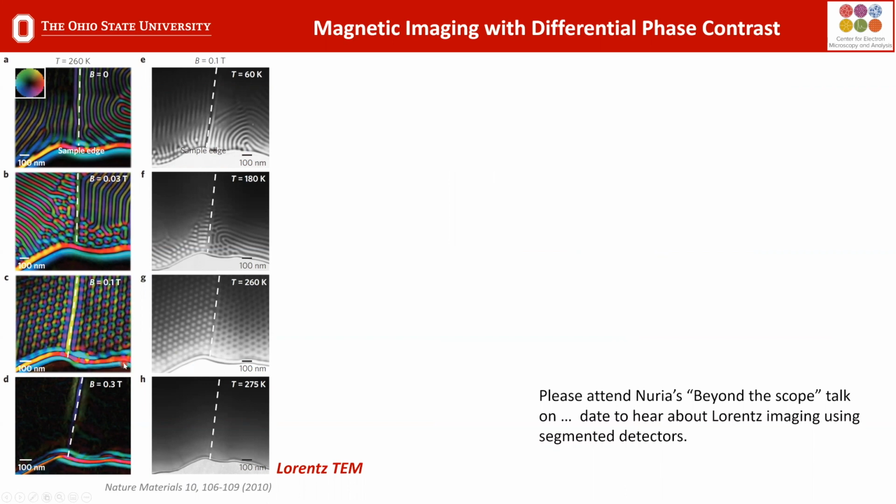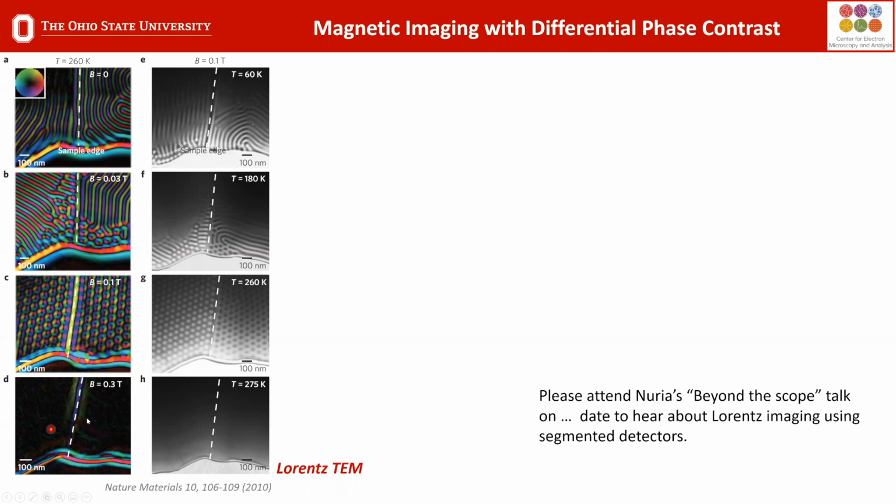But what's important out of this Lorentz TEM image, not STEM or DPC now, is the edge effects that occur and this interface effect here, right? We're using this color map to give us a scale of the intensity variations or the field variations. Well, what's going on at the edge here and at this interface aren't real.